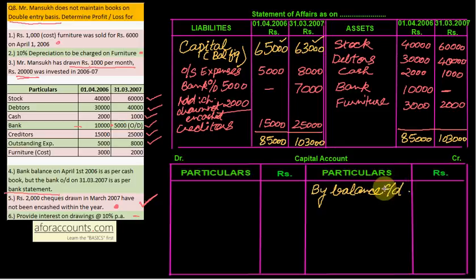Opening capital is 65,000 as we have found from the statement of affairs, and immediately come up to the closing capital. So to balance brought down. Closing capital, see here 63,000 is here. So 63,000 is your closing capital.